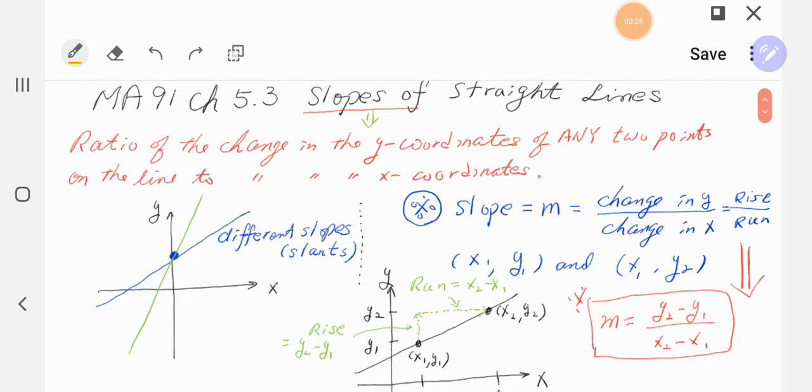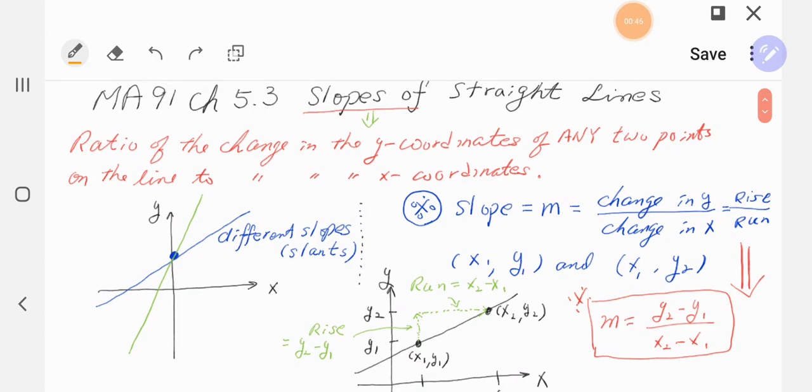The slope means the level of slant. So slope is the ratio of change in the y coordinate of any 2 points on the line to the change in the x coordinate.